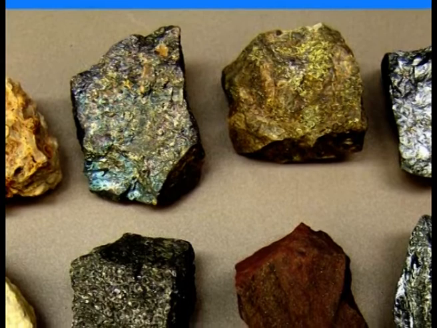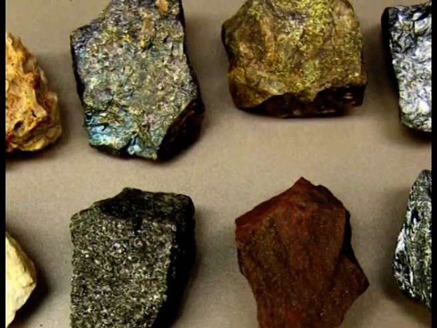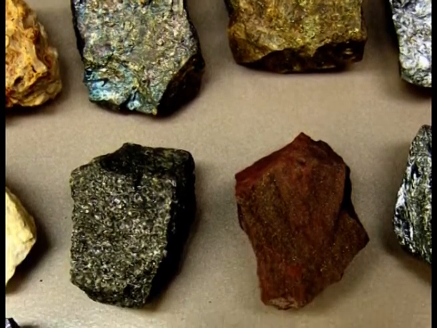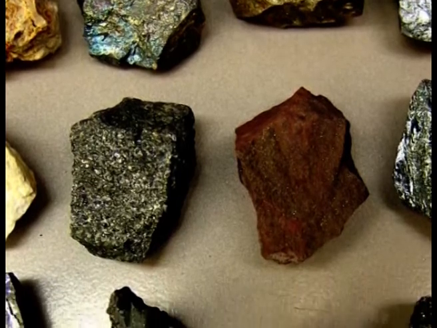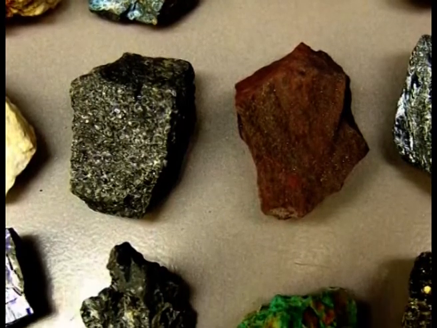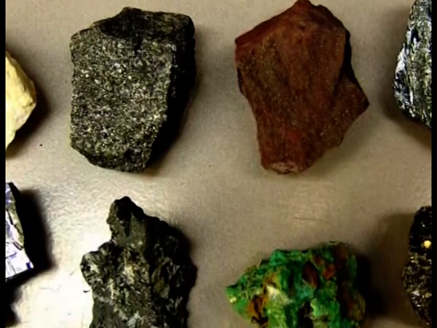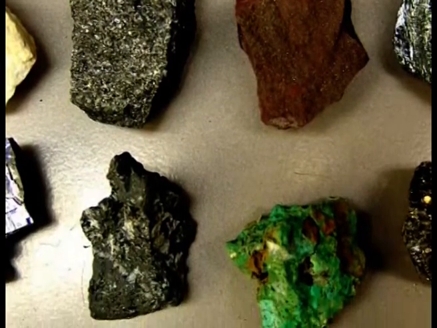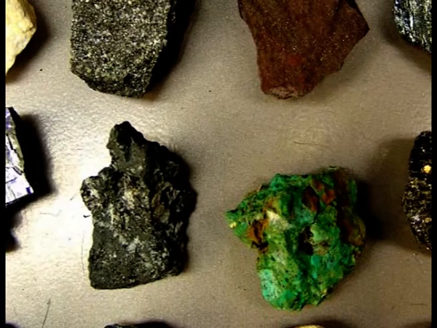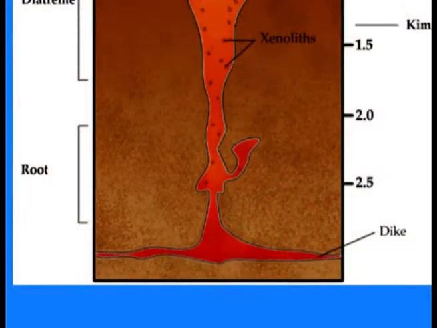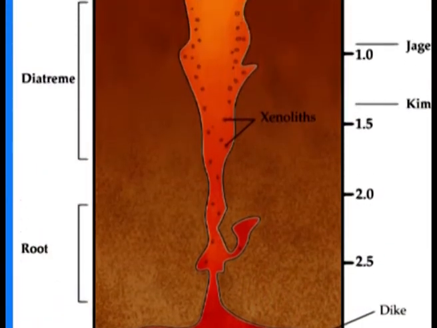Sometimes early formed minerals, instead of forming layers, get sprinkled throughout the body of the magmatic rock, forming magmatic disseminations.